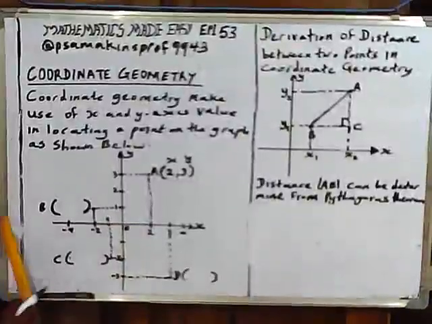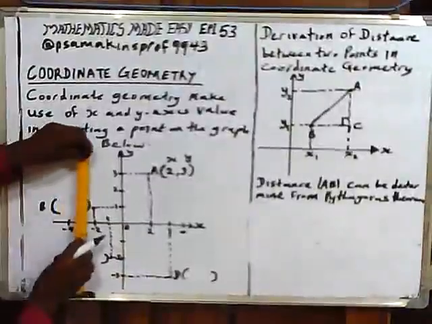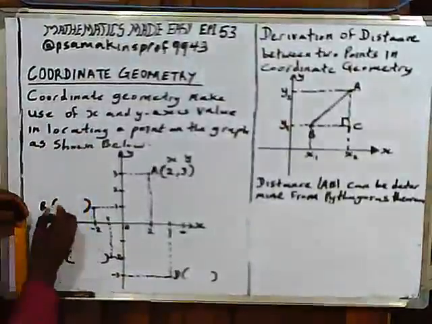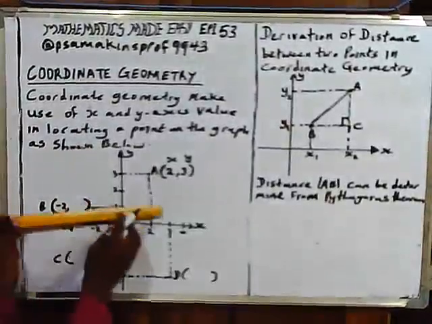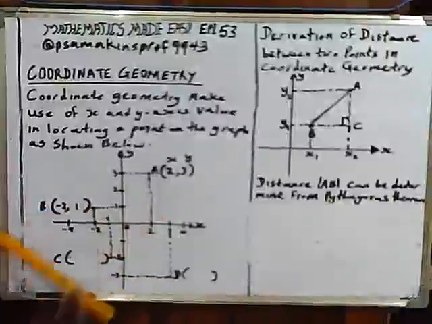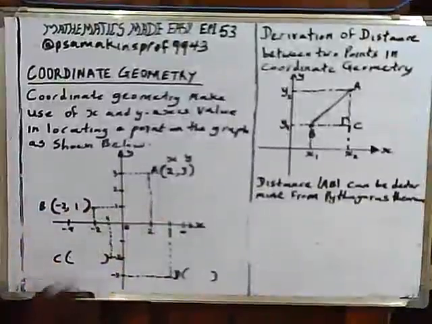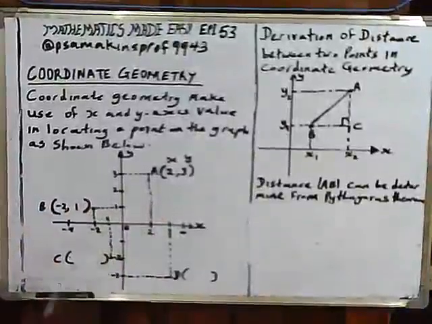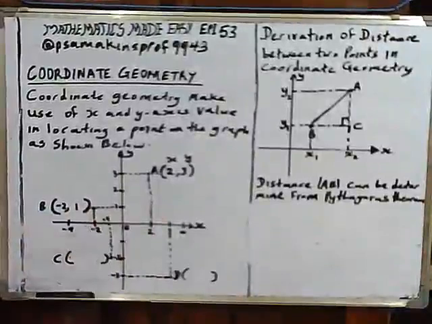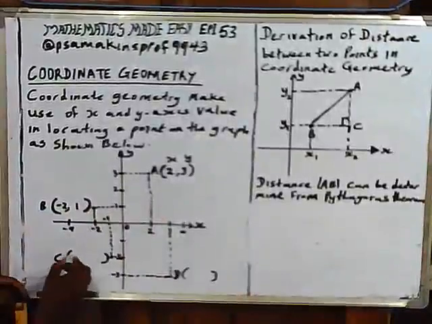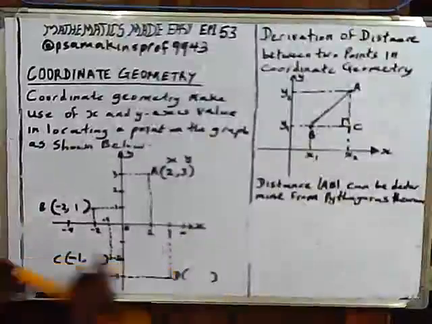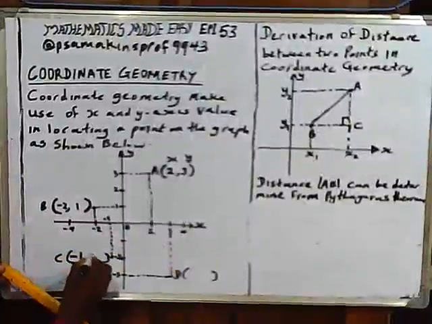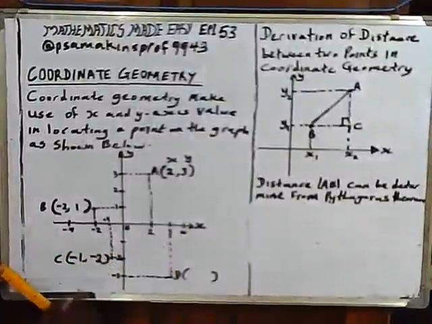Now let's locate point B: on the x-axis it is -2, and on the y-axis we have it as 1. Then point C, which is this point: on the x-axis it is -1, and on the y-axis it is -2.